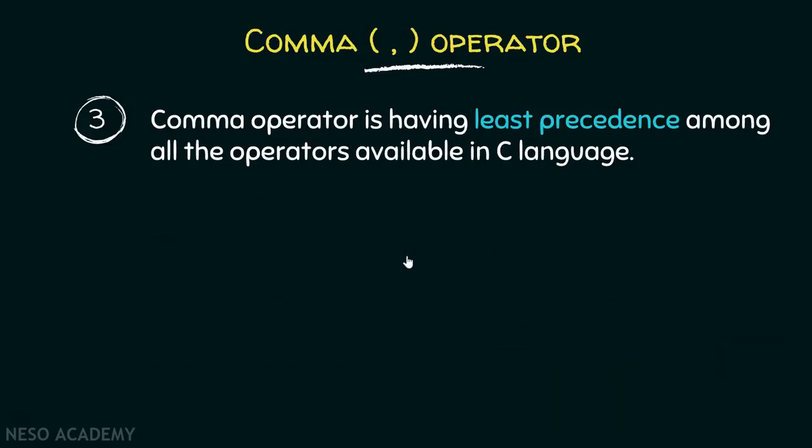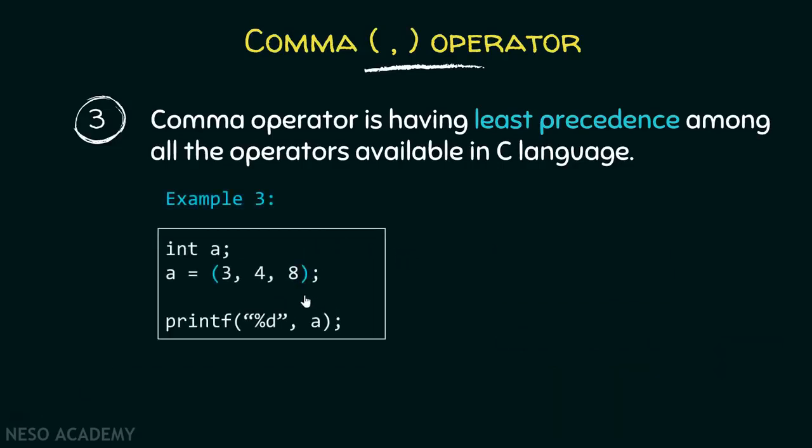Okay, now let's consider one more example related to comma operator. Here in this example, instead of writing a equals to 3, 4, 8, we have also provided brackets over here. Because of putting brackets over here, comma operator will be evaluated first and not the assignment operator.